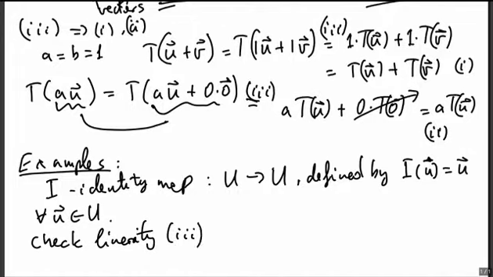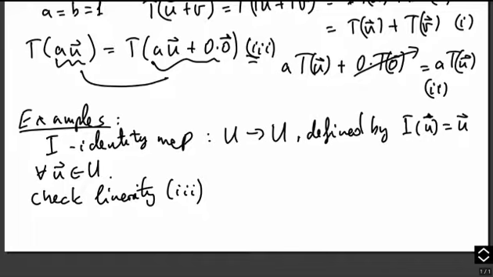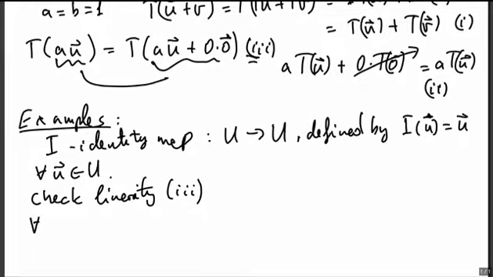Yeah, we can use for that the third property. So we use for all a, b from the scalar field, for all u, v vectors from the vector space U. We have to check what happens to the image.